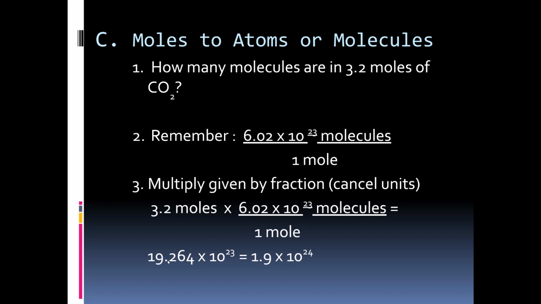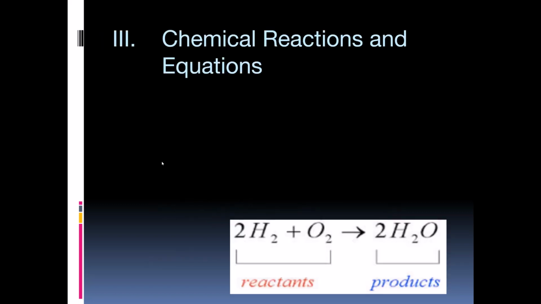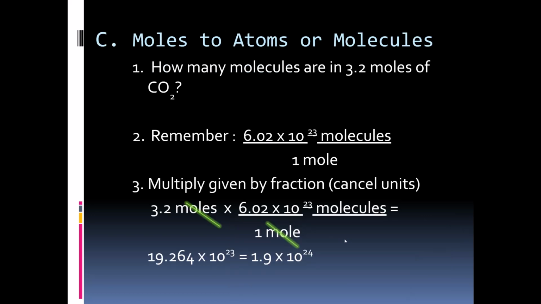But scientific notation has to be between 1 and 9, it can't be 19, so we just move the decimal place over, and this exponent has to go up by 1. So it's 1.9 times 10 to the 24th molecules, because moles cancel out.